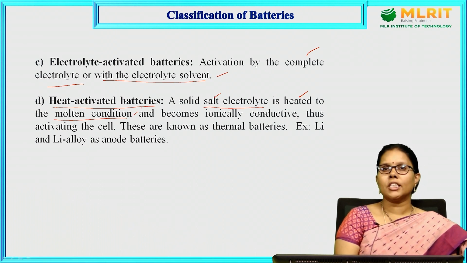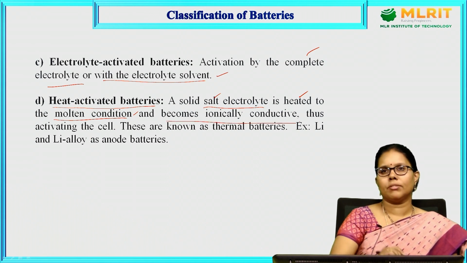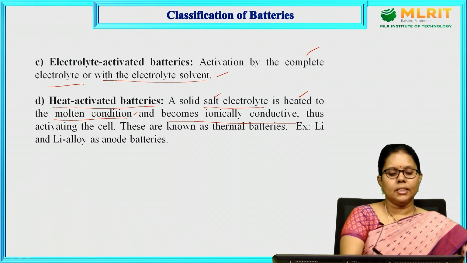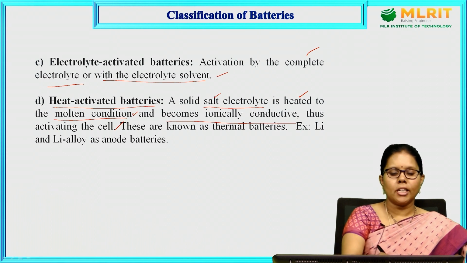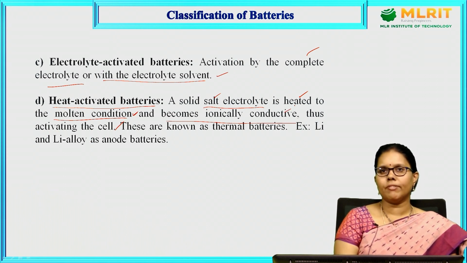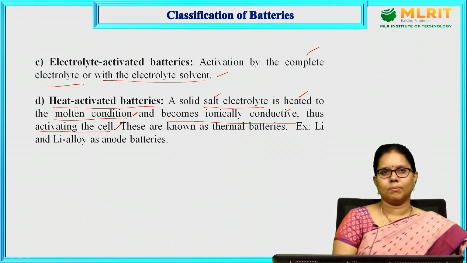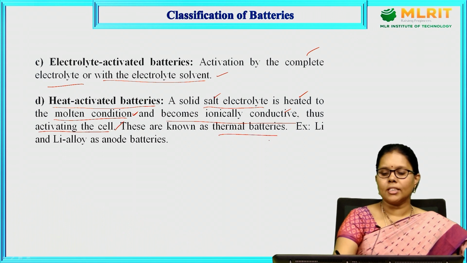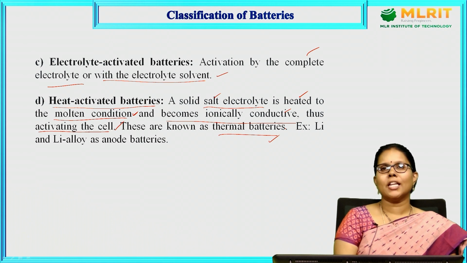Therefore, the conductivity is increased and it becomes ionically conductive. Therefore, the cell is activated. These are also known as thermal batteries. Examples are lithium and lithium alloys as anode batteries.